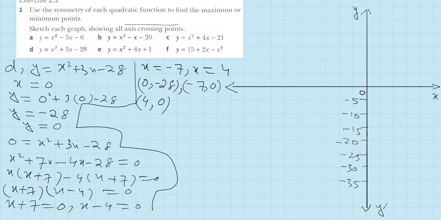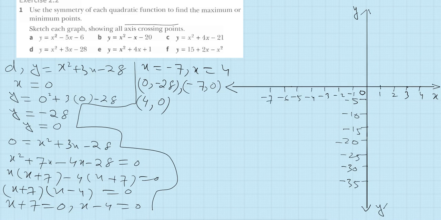On the x-axis, I am taking 1 square as 1. So 1, 2, 3, 4. Similarly, negative: minus 1, minus 2, minus 3, minus 4, minus 5, minus 6, minus 7.